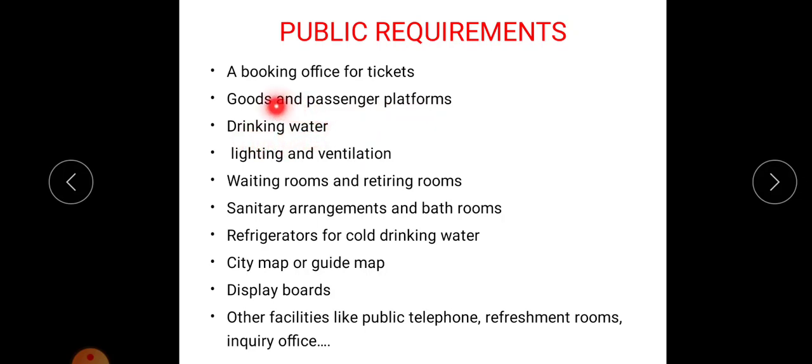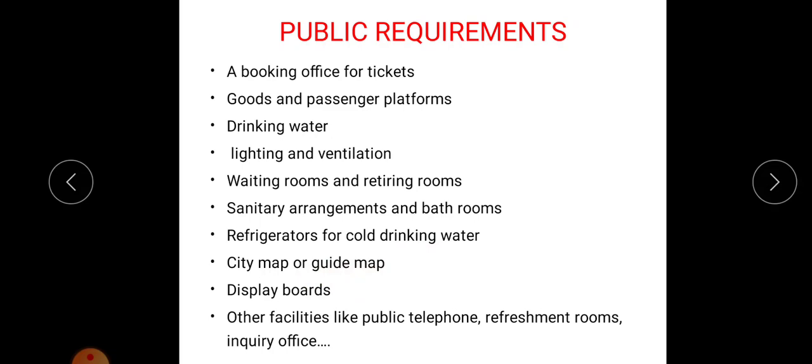There should be a plentiful supply of drinking water, and also good light and ventilation. The public also require waiting rooms and retiring rooms, sanitary arrangements and bathrooms, refrigerators for cold drinking water, and a city map and guide map in order to guide the route for transportation.